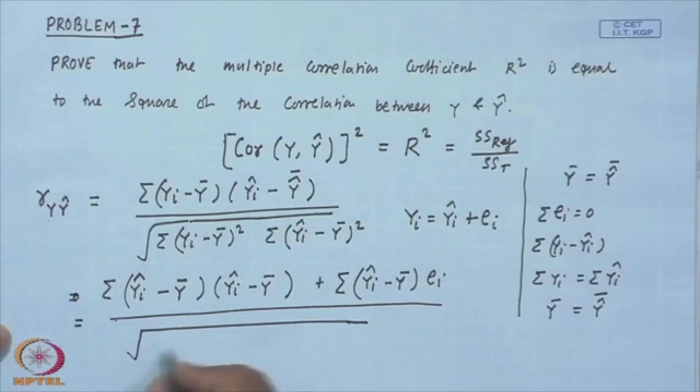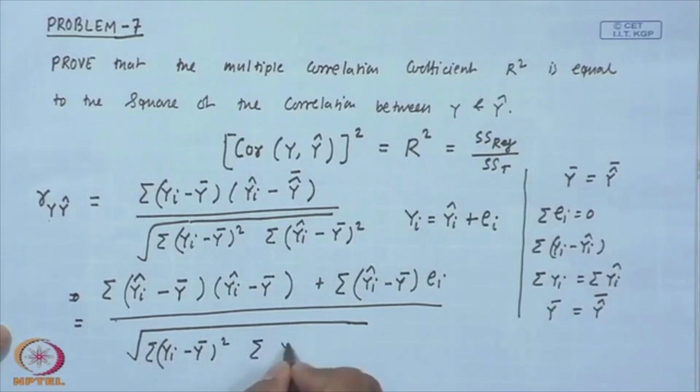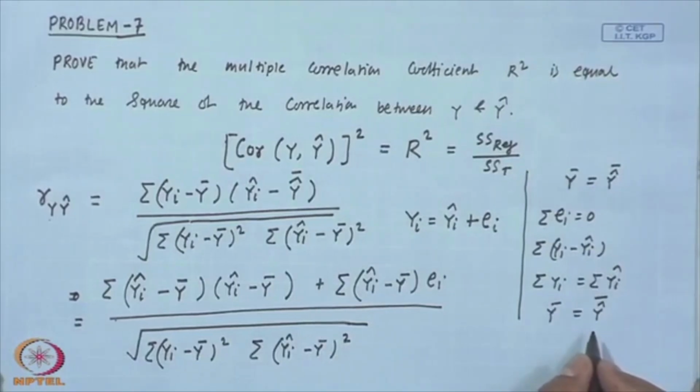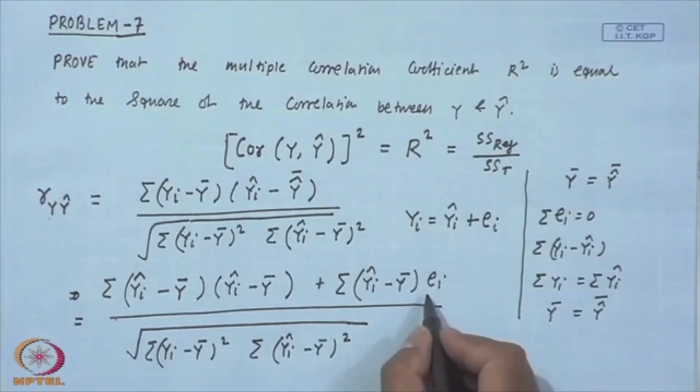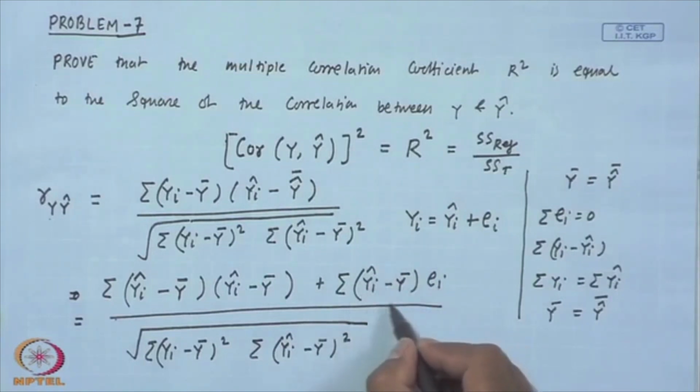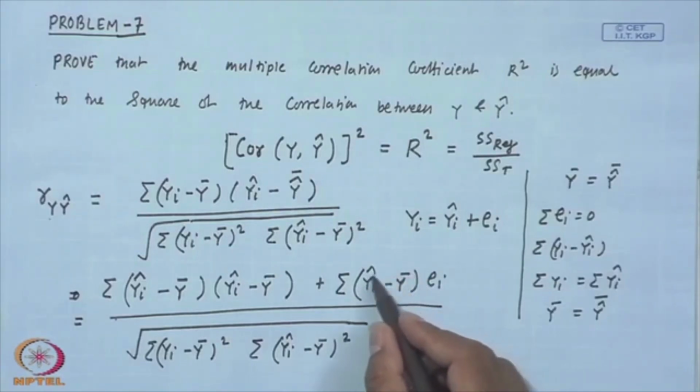Let me write down that this is sum (y_i minus y bar) square, sum (y_i hat minus y bar) square. Okay. Now, what about this one? Is this 0?